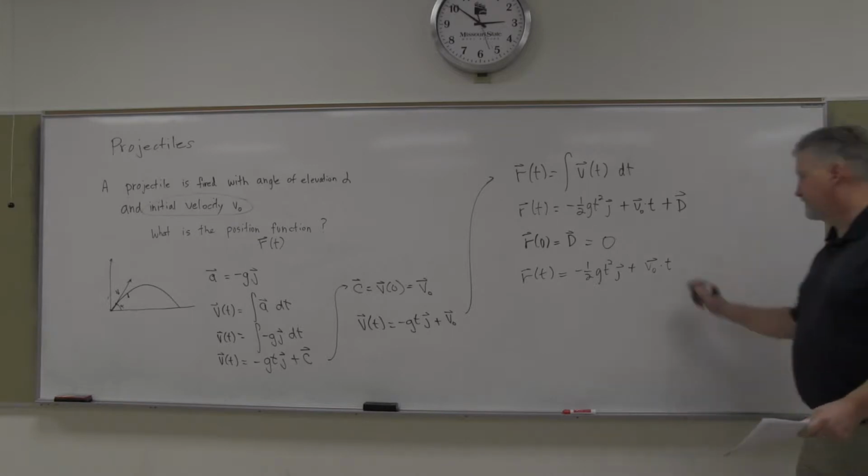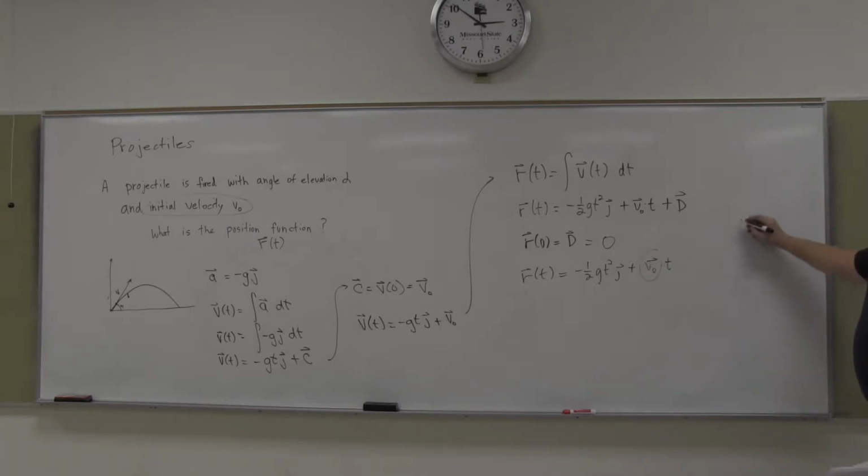Okay, now let's work on that a little bit. So that v0 vector is that vector we've got right there. So I just need to come up with a better form of that v0 vector. Well, just kind of look at it here.